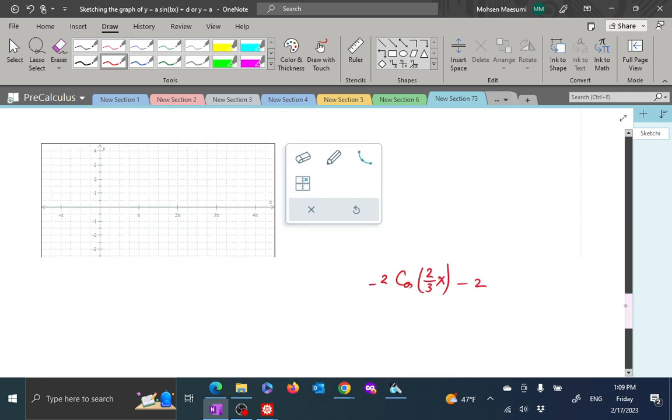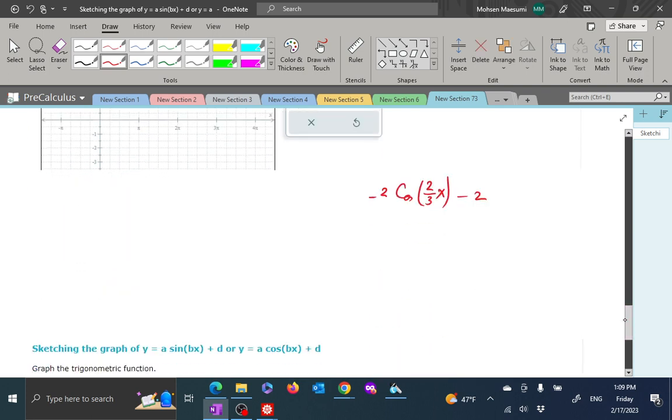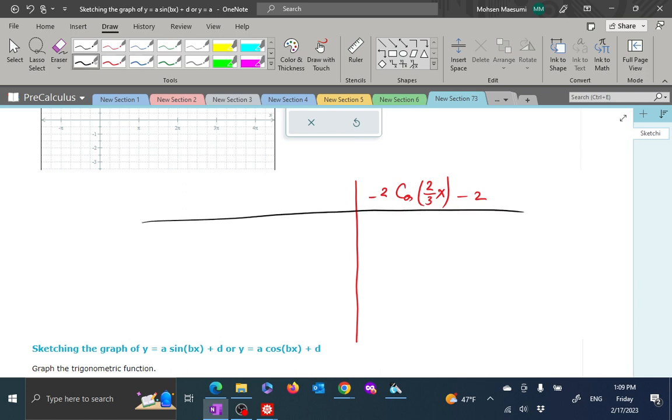minus 2. So that's our target, and we want, of course, first we calculate cosine of 2/3 of x, and that is, of course, versus 2/3 of x itself.